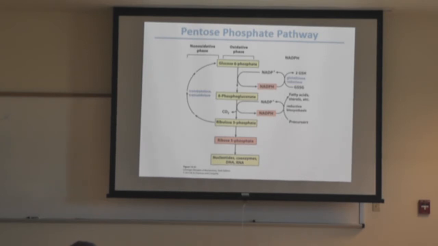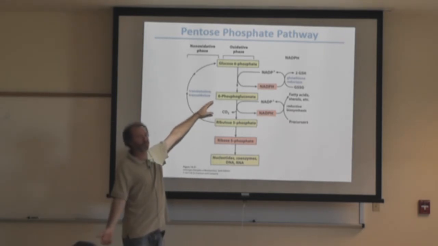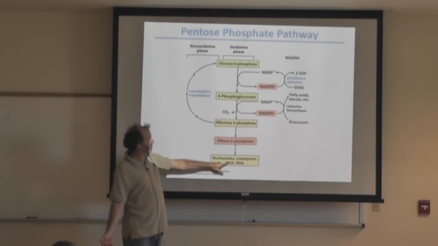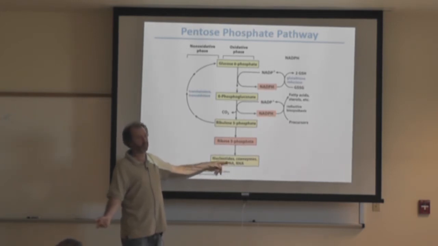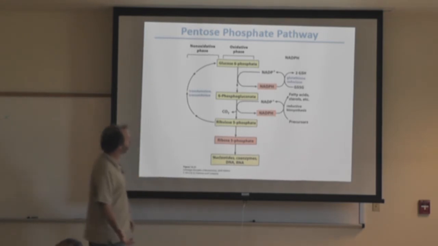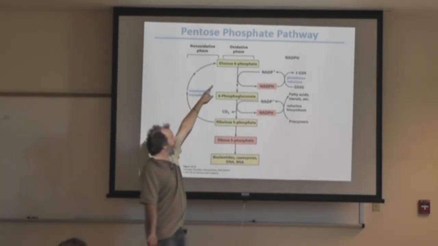And then we have the pentose phosphate pathway. So, pentose phosphate pathway, what's the purpose of this? Why do we do this? So DNA, RNA. Yeah, we need to have ribose around so we make our nucleic acids. So we start off with glucose 6-phosphate.